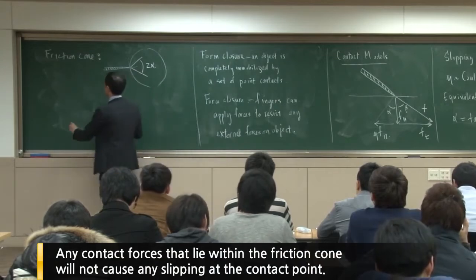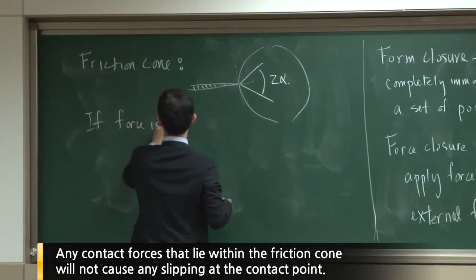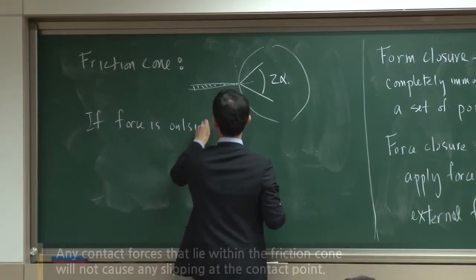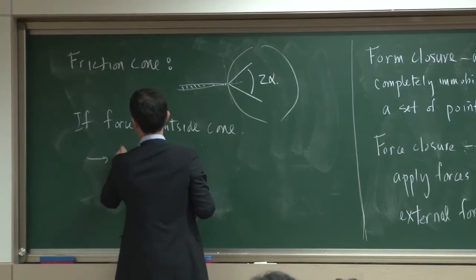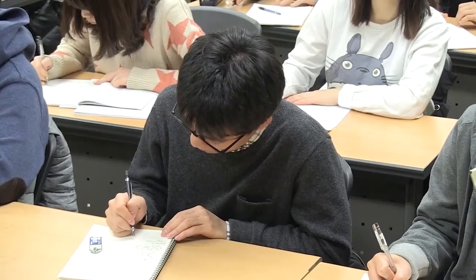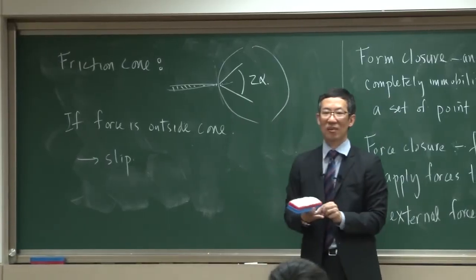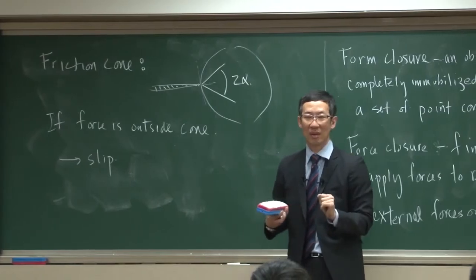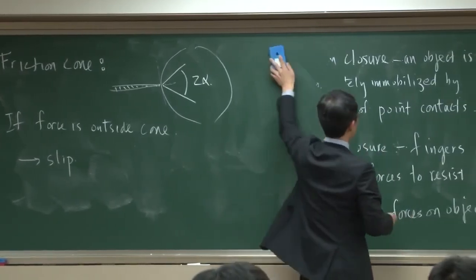So if the force is outside this friction cone, then we have slip. From now on, we use the friction cone rather than the Coulomb friction coefficient mu.